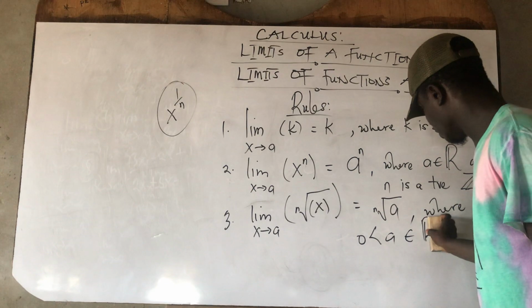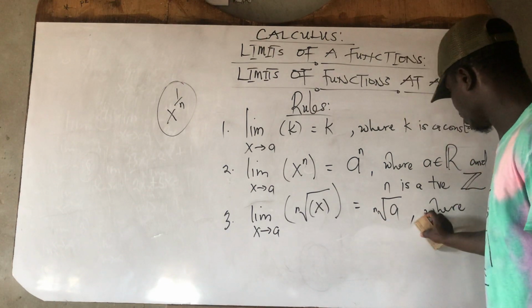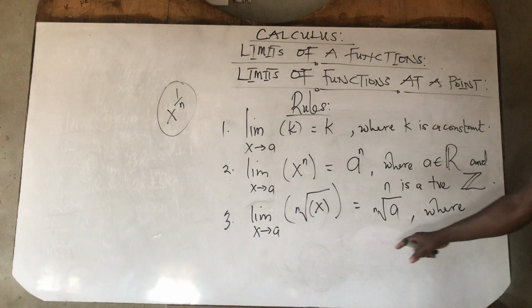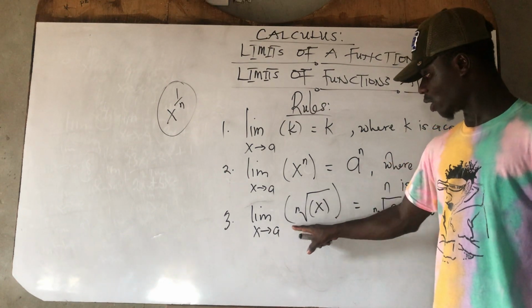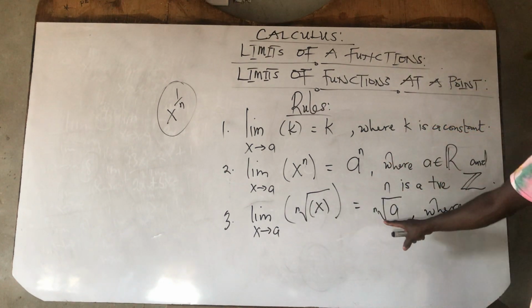Let me give you it properly. So the limit as x approaches a of the nth root of x equals, you get what?